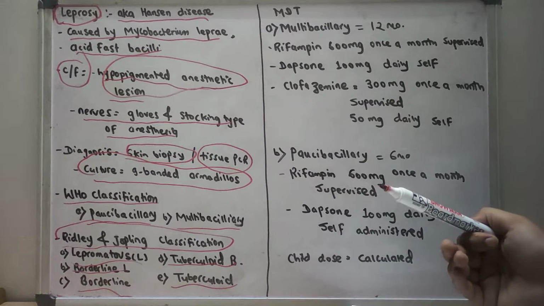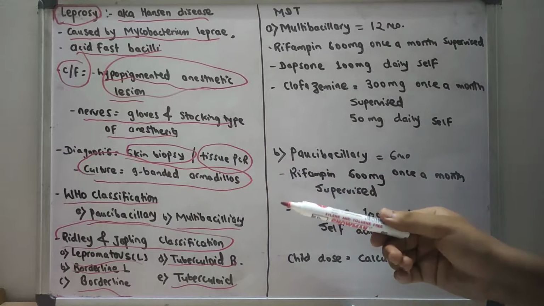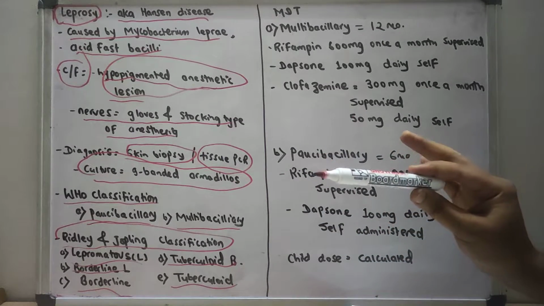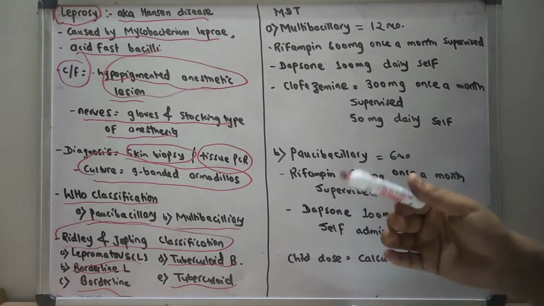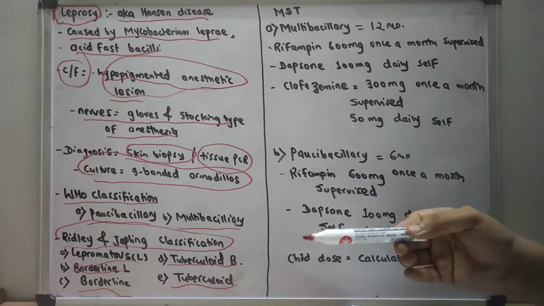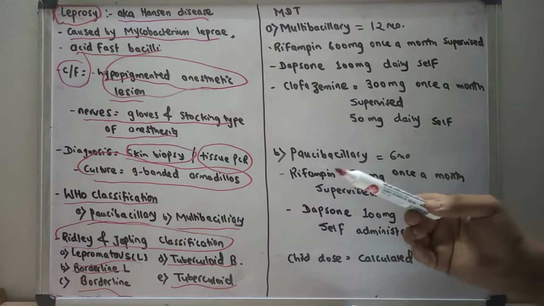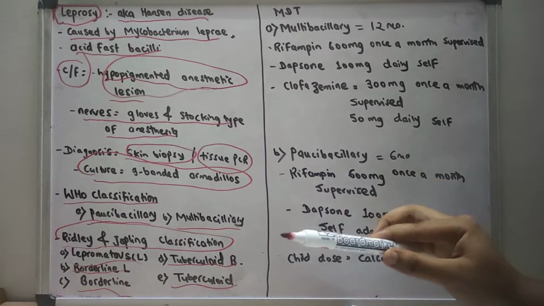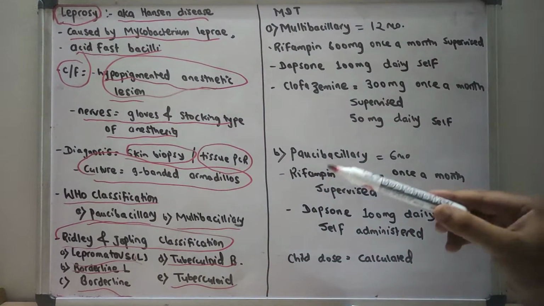If we talk about lepromatous leprosy, it presents diffusely over the skin with leonine facies and is communicable. That means the patient with lepromatous leprosy has a high bacterial load, and it is characterized by low cell-mediated immunity with a highly T helper cell 2 response. So lepromatous leprosy can be very dangerous.